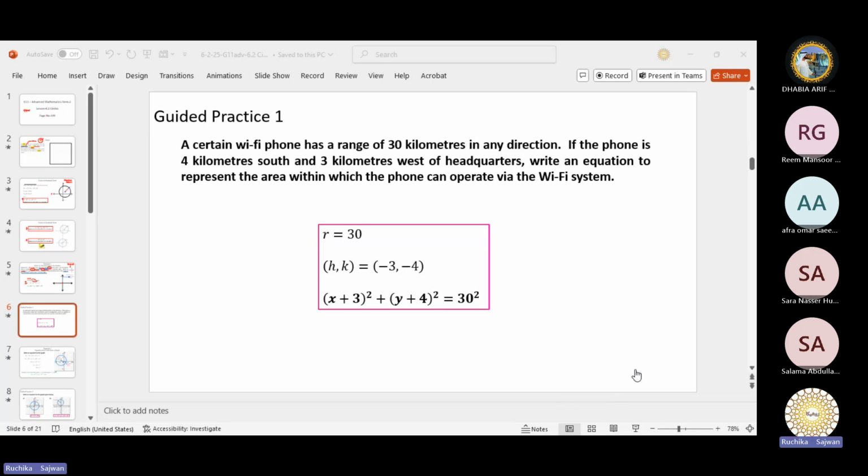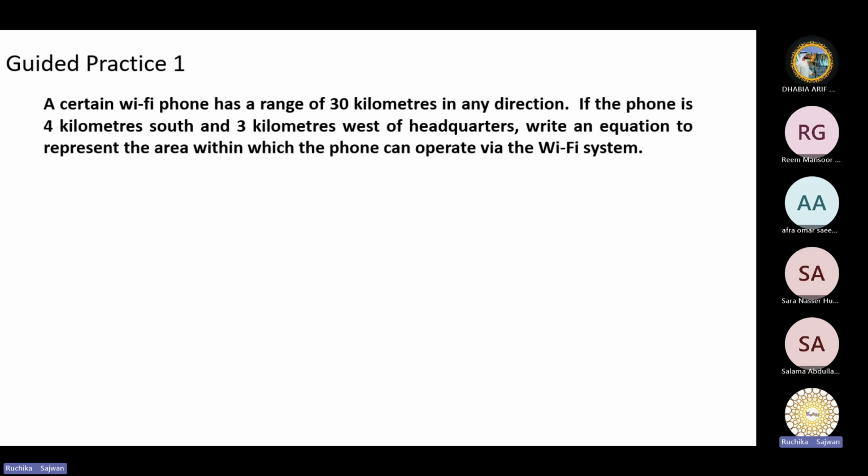So quickly, just solve the question and then we will move forward. I'll give you 3 minutes to complete this question, then we'll check your answer. You can put your answers in the chat.